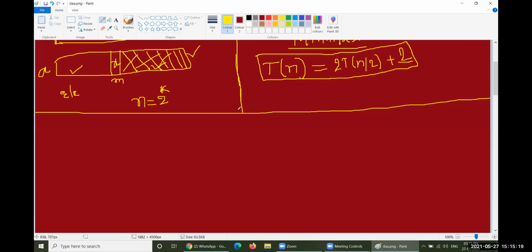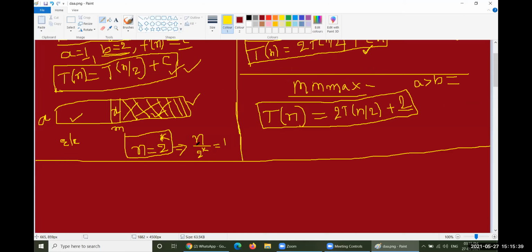Otherwise, this could also be written as n divided by 2 power k equals 1. You need to remember this is the basic primitive of divide and conquer. It must be in our mind forever.